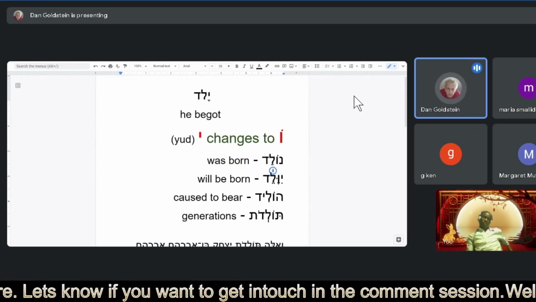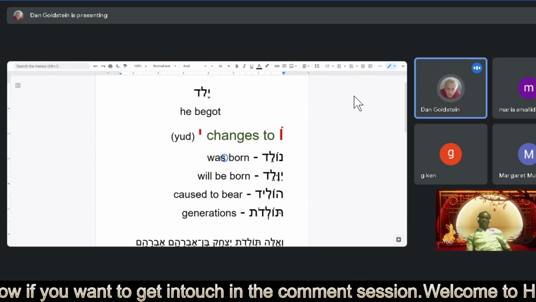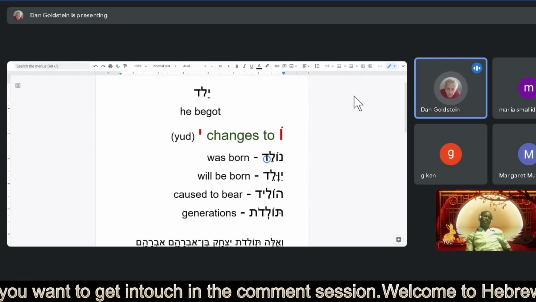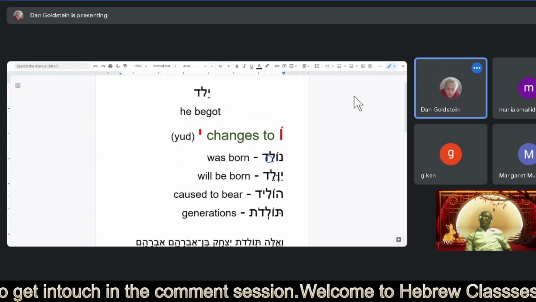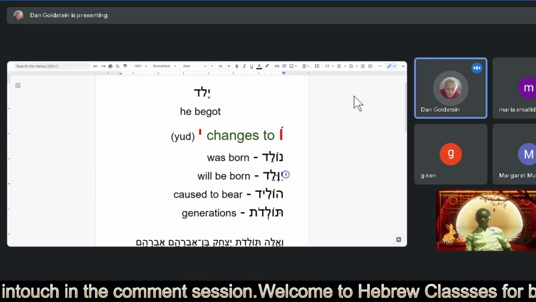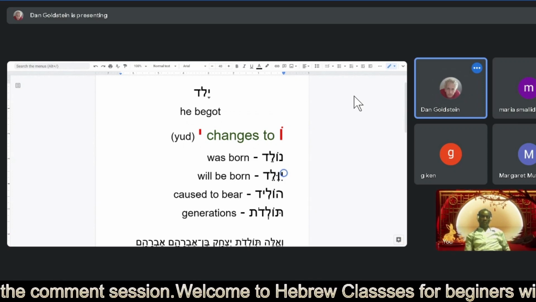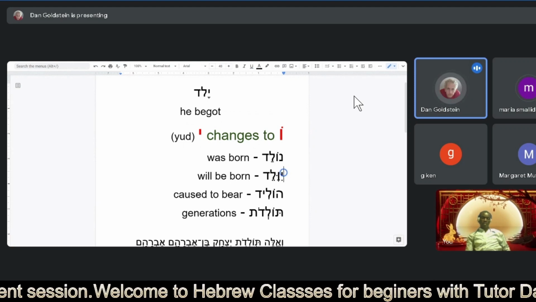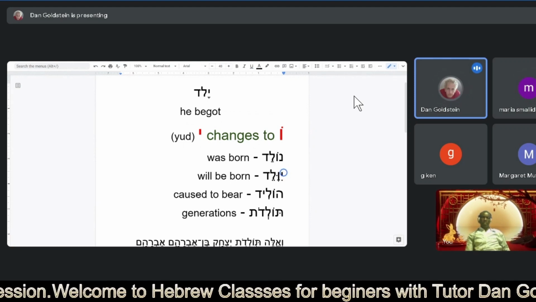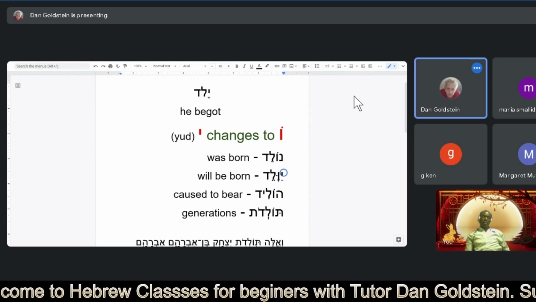One of the words that we get from Yeled is nolad, was born. Hu nolad me'imo, he was born from his mother. Yivaled, he will be born, or it will be born. The calf will be born of its cow. I don't even know how to say that in Hebrew right now, but will be born.